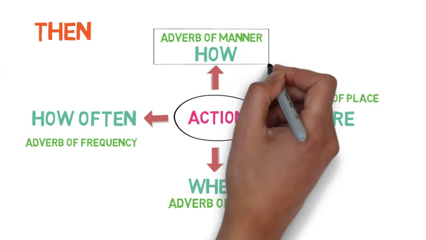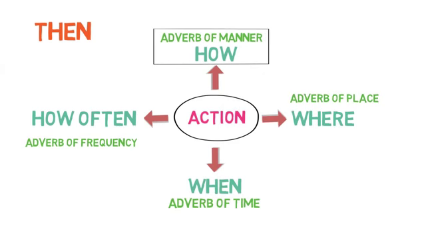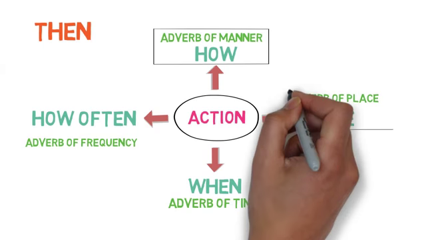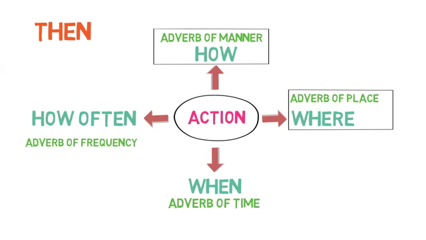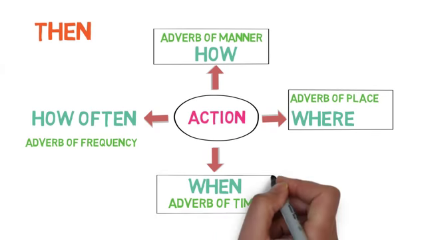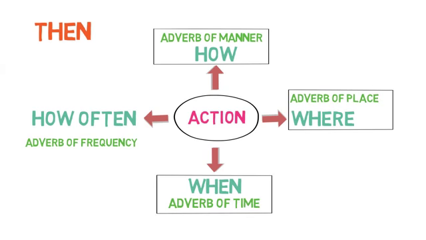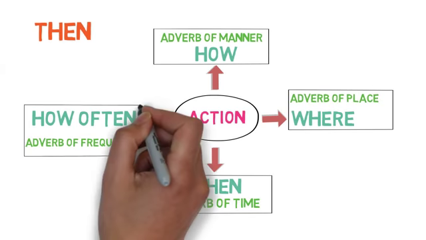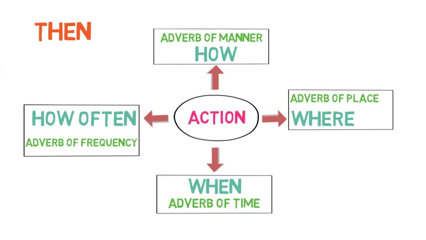Adverb of manner, which describes how an action happened. Adverb of place, which describes where an action happened. Adverb of time, which describes when an action happened. And adverb of frequency, that describes how often the action took place. Remember these four types of adverb.